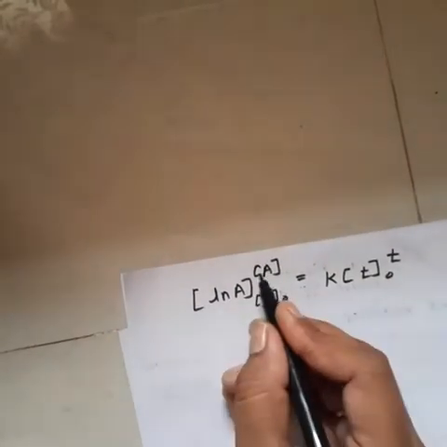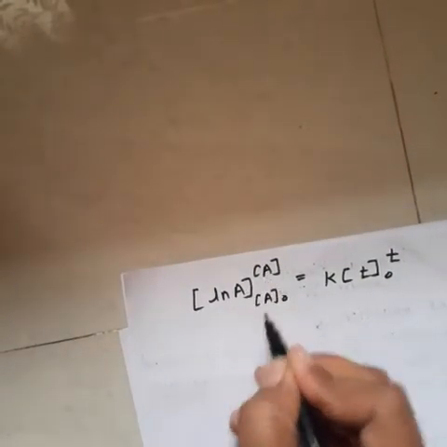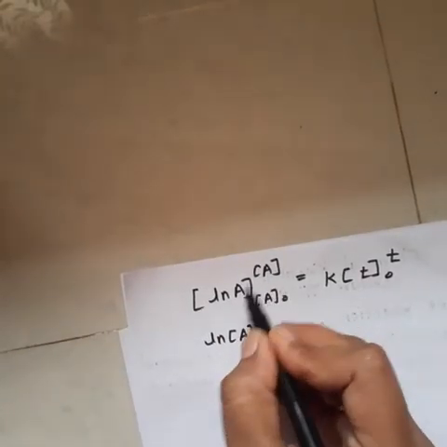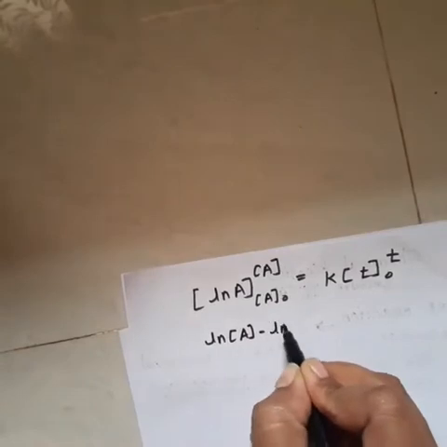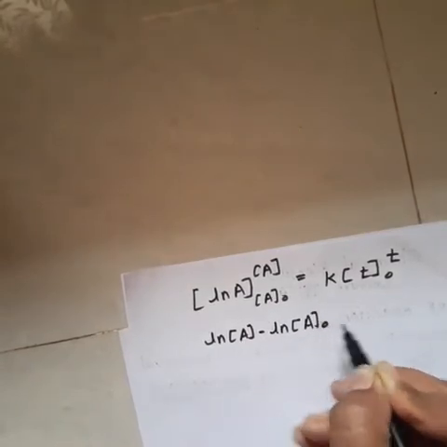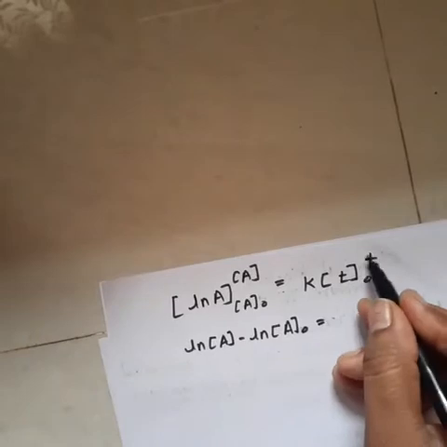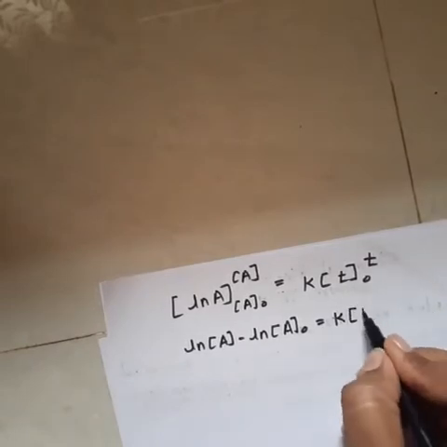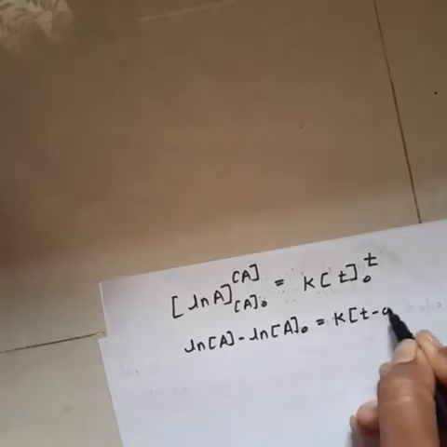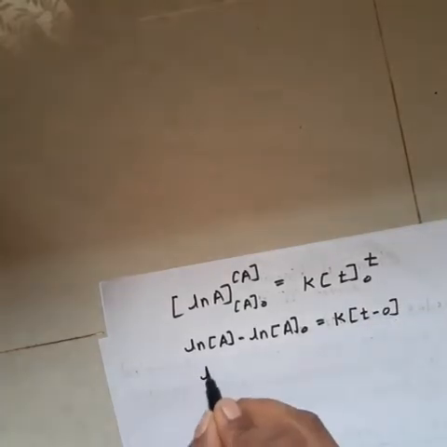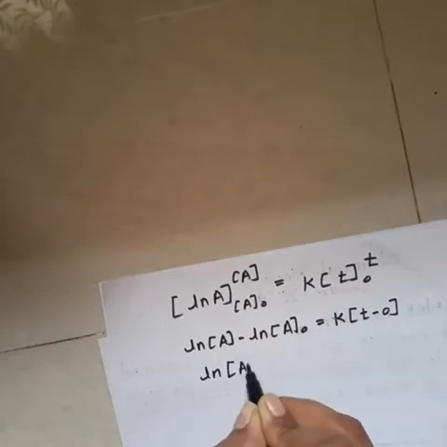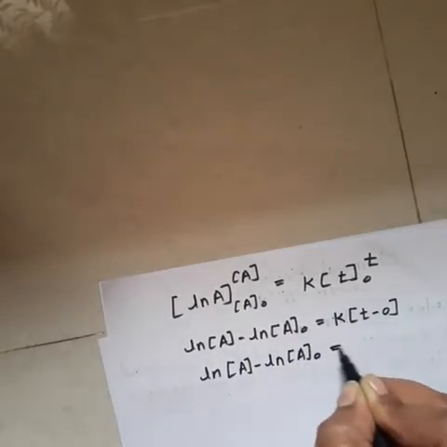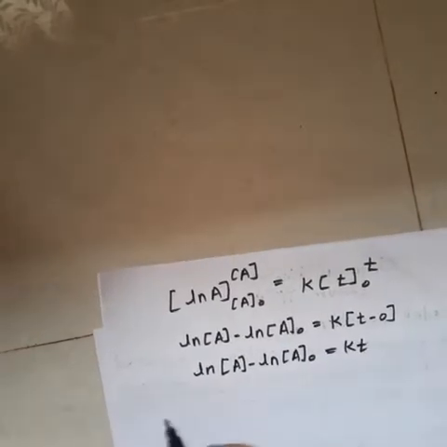Putting the limits, upper limit minus lower limit, we get ln of A minus ln of A0 is equal to k into t.